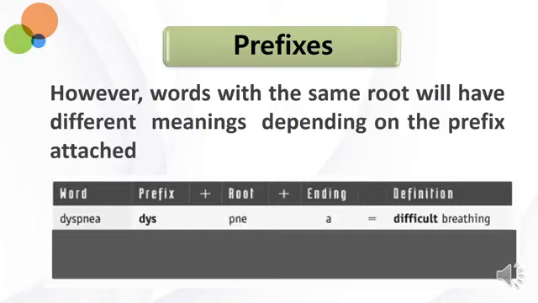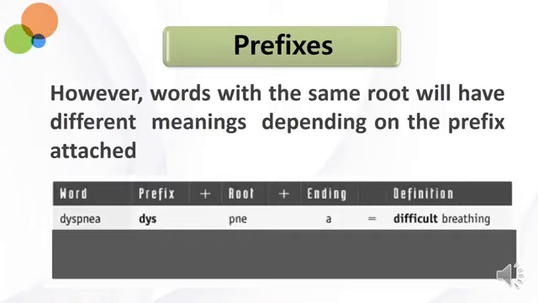Returning back to the prefix, again, the example I have is the word dyspnea. Dyspnea is formed of three elements. The first is the prefix dys, which means difficult, the root pnia, which means breathing, and a suffix ending, which is a.